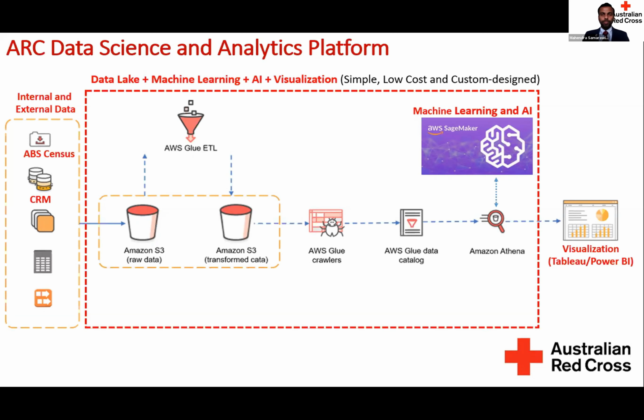We have Microsoft platforms as well, the Azure platform. But I bring this to demonstrate how different third-party CRM data can be integrated into a data infrastructure, eventually building a data lake, and then bringing machine learning and visualization capabilities to the business.